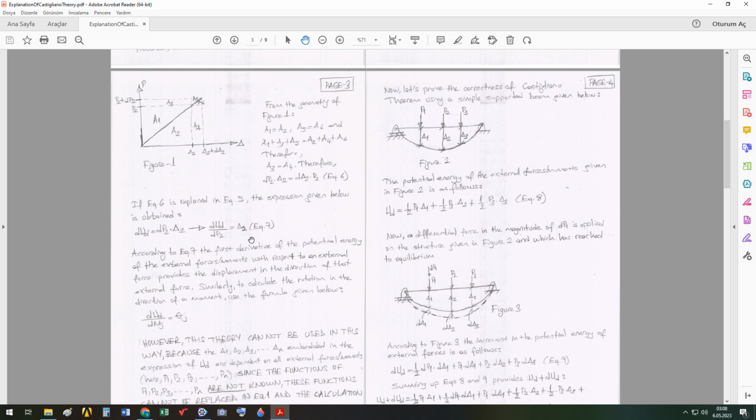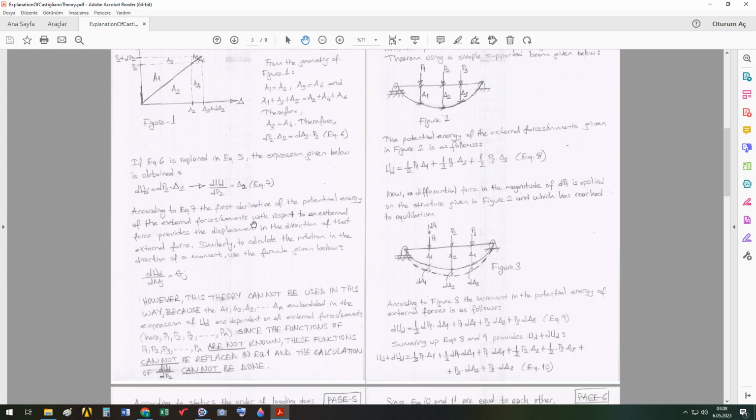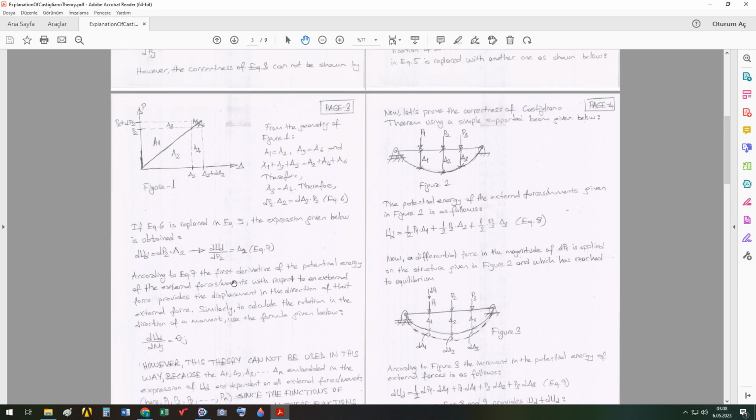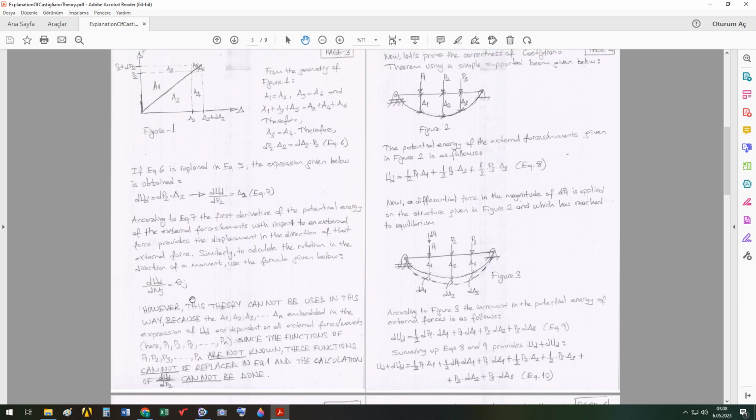So according to this result, which is geometrically obtained, Castigliano's second theorem is correct, according to equation 7. Similarly, to calculate the rotation in the direction of a moment, use the formula given below. Make a similar proof and you can easily obtain that this is also true.